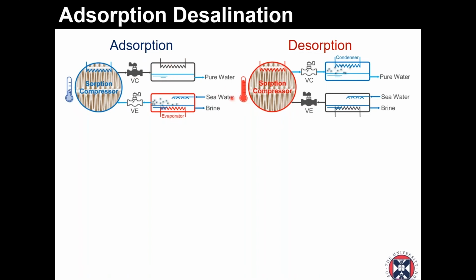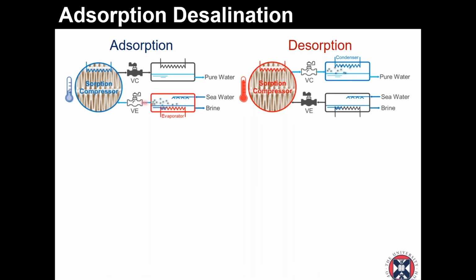We feed the evaporator with seawater, we give some heat input, and we have some evaporation here. The evaporation is both because of the heat input and because of the presence of the adsorption material, which triggers and enhances the evaporation.